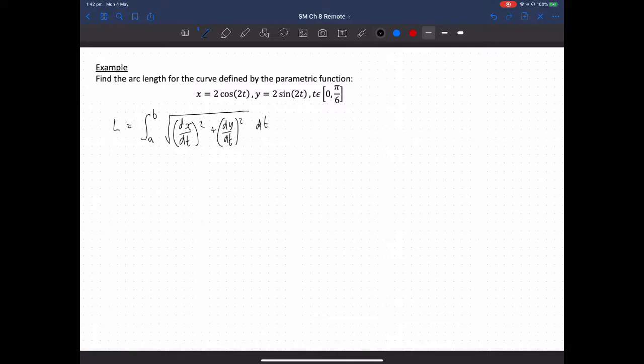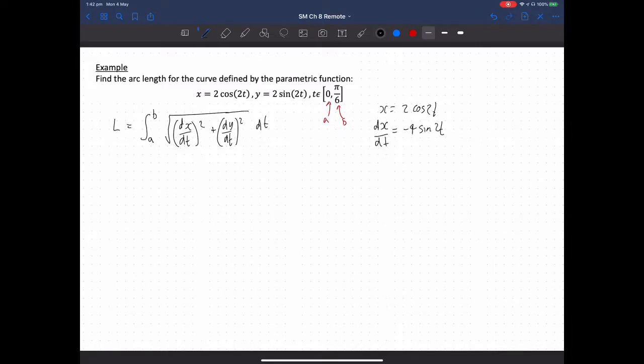So what do we have? We know a is 0. We know b is pi on 6. We also know x is equal to 2 cos 2t. So if we differentiate that with respect to t, dx/dt is equal to minus 4 sin 2t.